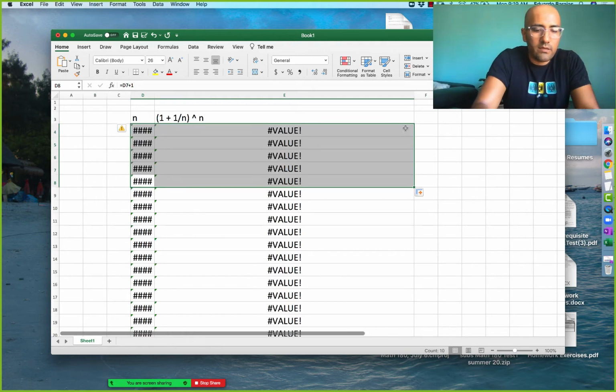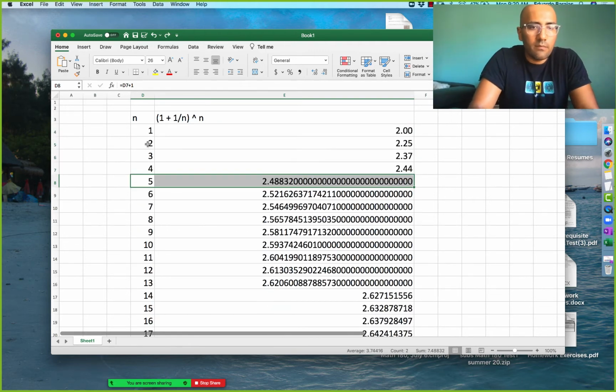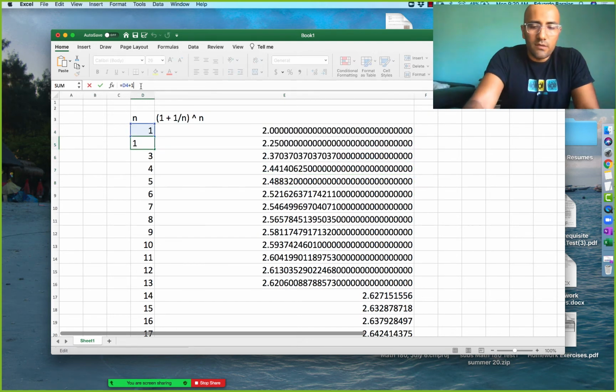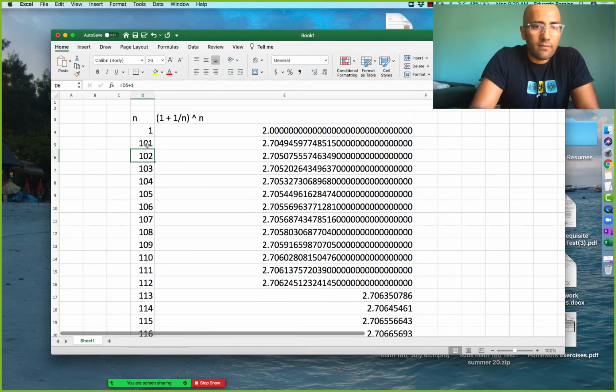Can I extend this thing up? Yeah, that works. Okay, so let's change this so that it changes by 100 values every time.